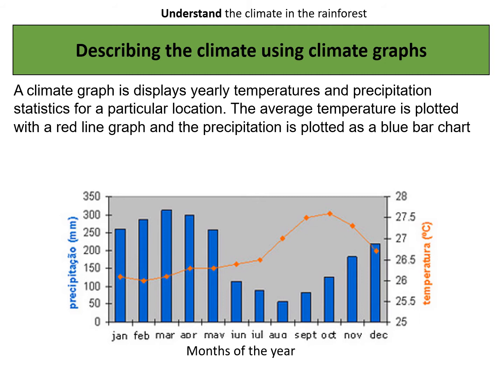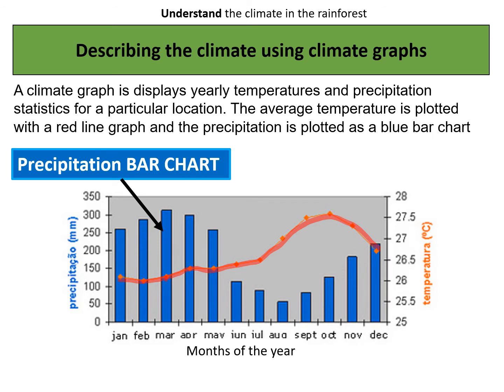So when we are looking at a climate graph, they display the yearly temperatures and the precipitation for a specific location. So the average temperature is plotted with a red line, which we can see here. And then we have the rainfall being plotted with bar charts, which we can see here.